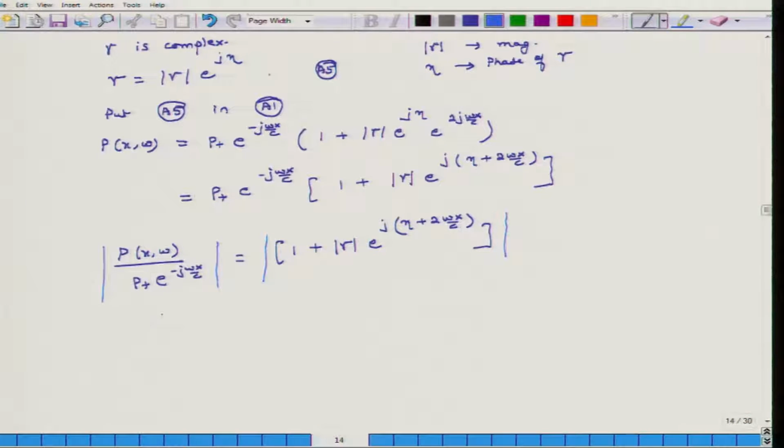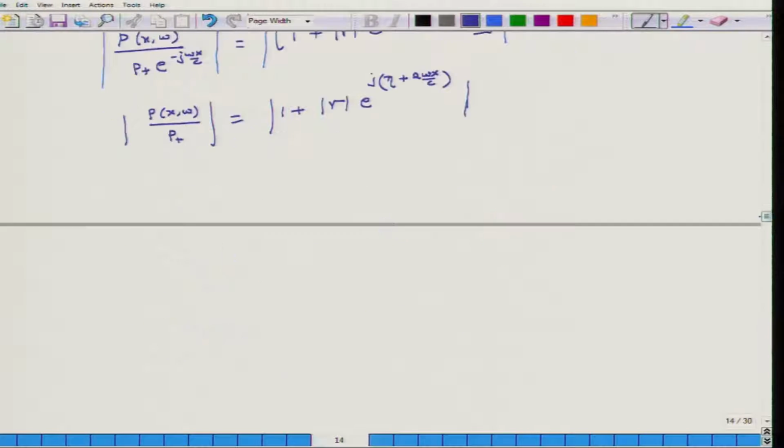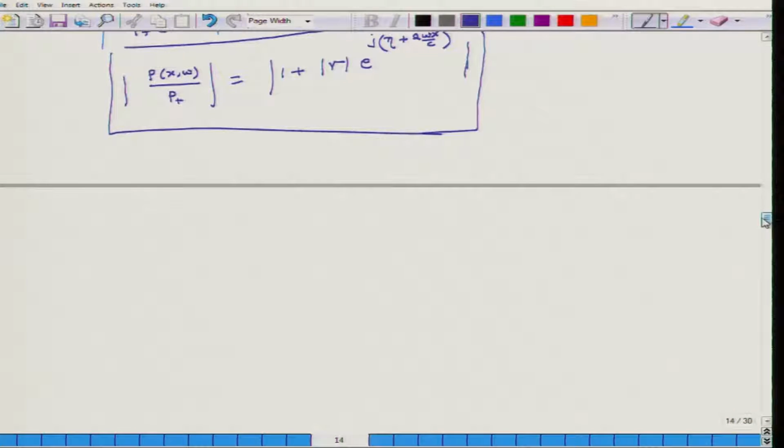So, I can write this relation. Okay. So, this is an important relation, and let us look at its physical interpretation.